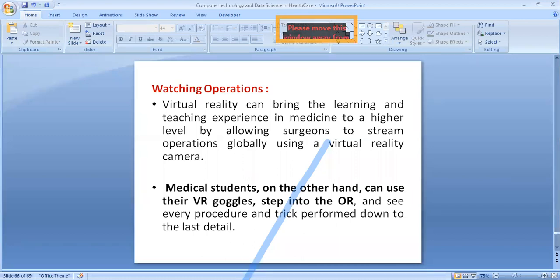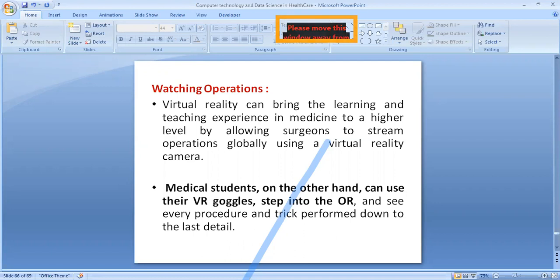These are with respect to the patient side. If you look into the training offered to the doctor or the nurse, as I told you earlier, it was looking directly at the operations done by the senior doctors, or participating in autopsies. But now you can have a virtual environment created to gain knowledge of how a particular surgery is being done without having direct touch over the patient's body.